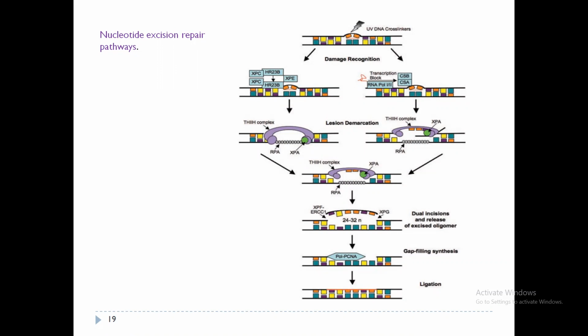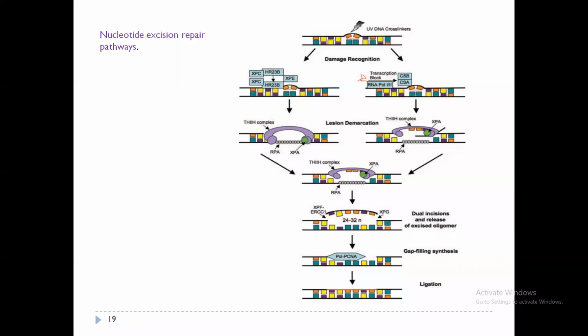After this recognition step, the rest of the steps are the same for both pathways, as we have just seen. So what happens? Following recognition, the lesion is demarcated by binding of the transcription factor 2H complex, XPA and RPA.